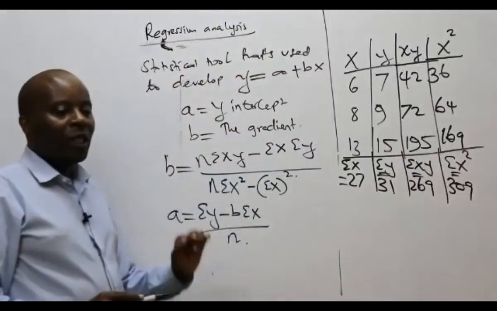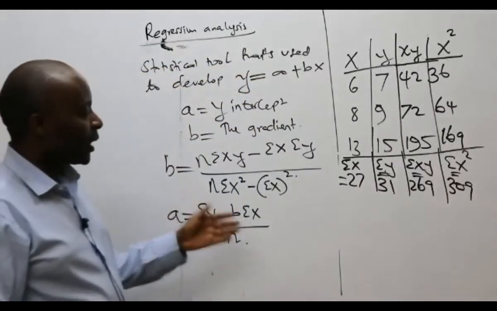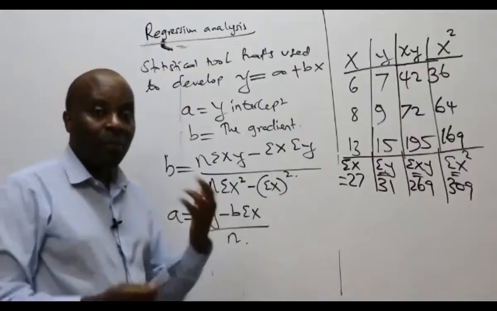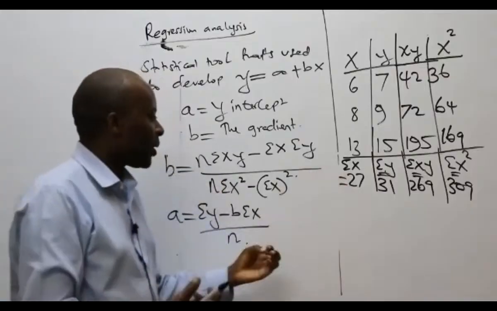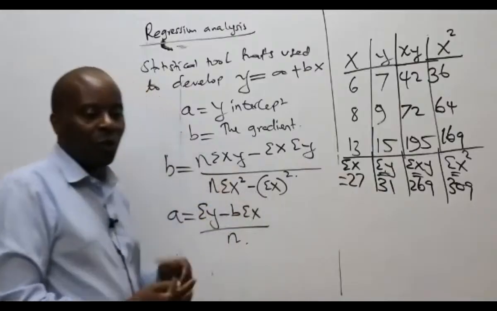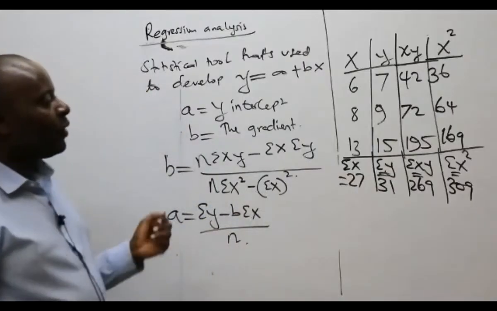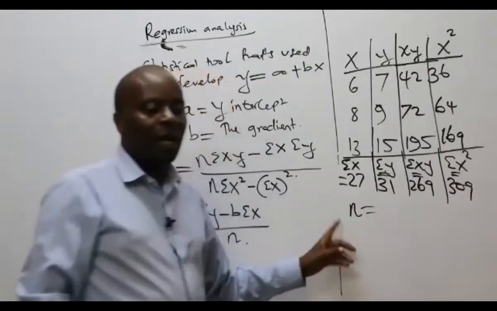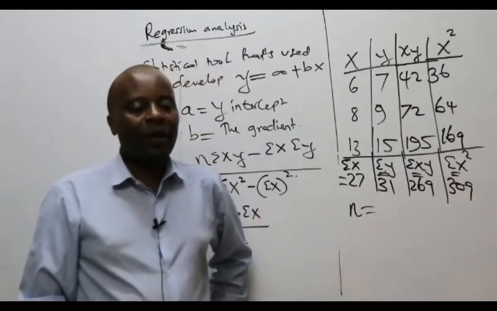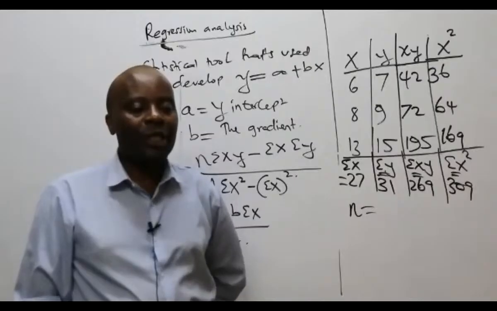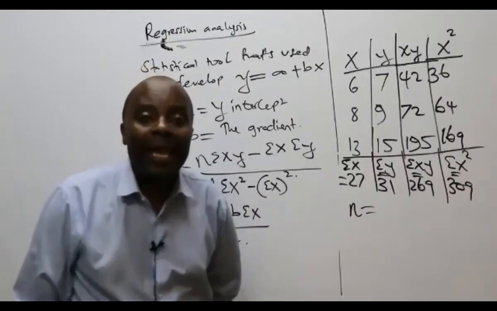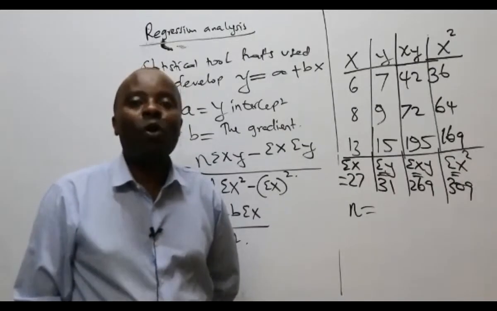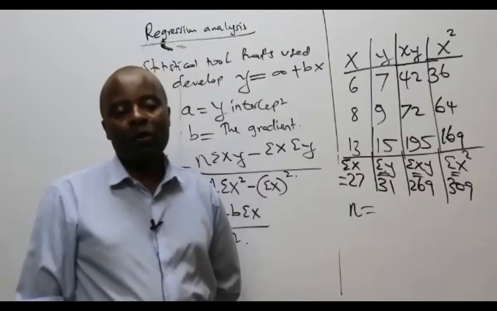Now, ladies and gentlemen, I would want us to move to the next level, which is plugging these summations into the formulas. The very first thing I would want some good student to tell me is the value of n. First of all, n stands for number of points.